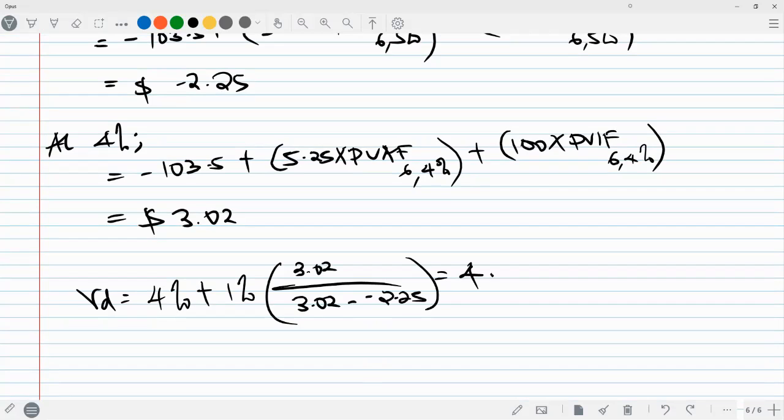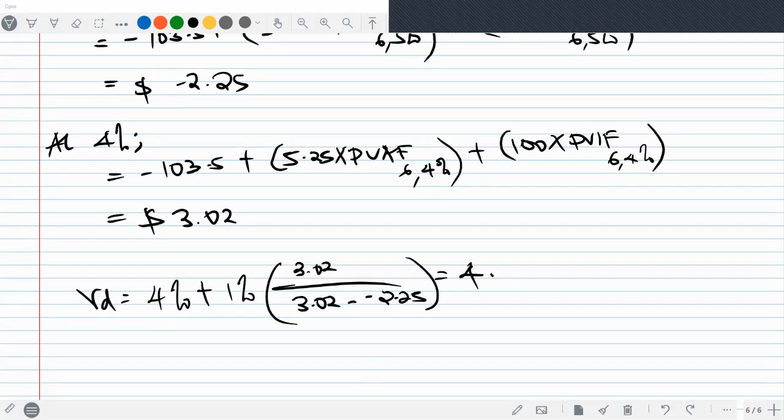You get 4.57%, and therefore that is the cost of this bond. That is part B of the question.